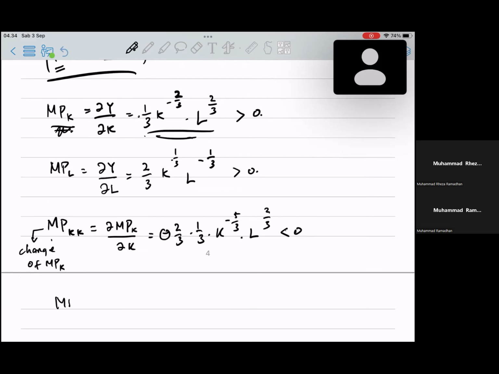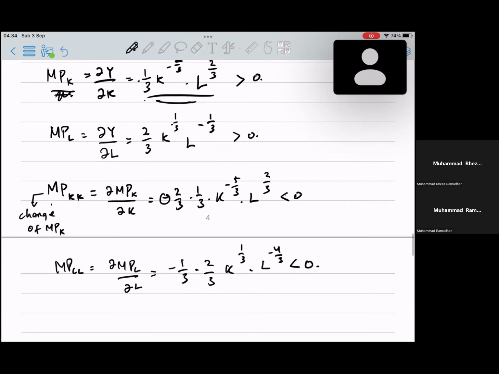And MPLL is ∂MPL over ∂L, which is minus 1 over 3 multiplied by 2 over 3, K to the power of 1 over 3, L to the power of minus 4 over 3, which is less than 0.